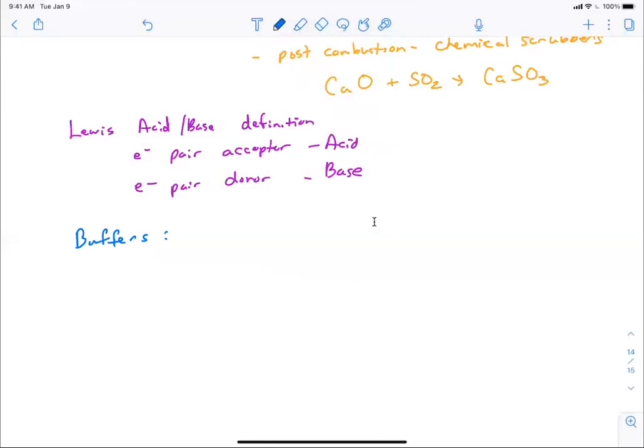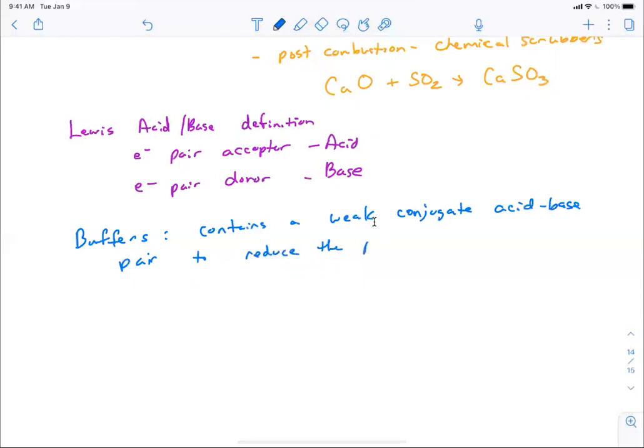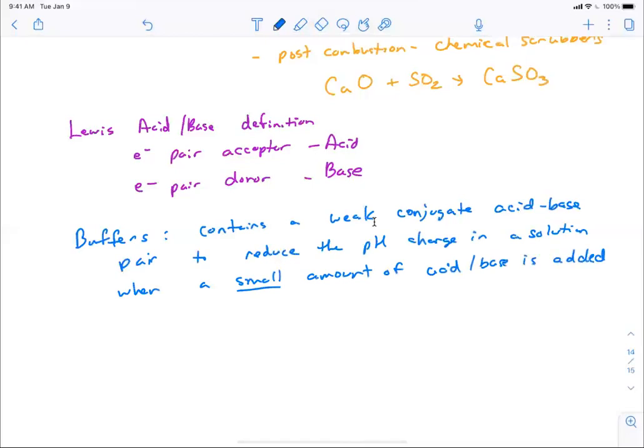Second thing is buffers, right? A buffer essentially contains a weak conjugate acid base pair to reduce the pH change in a solution when a small amount of acid or base is added.